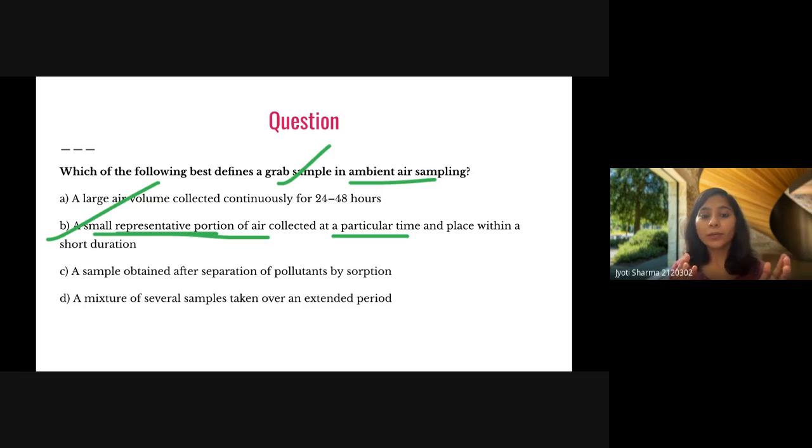So what we are doing is we are using different types of polythene, not the polythene that we use whenever we go to the market, but different types of polythene and polymer in which we can store this air. So this will be the very original air that we will have. Otherwise, whenever we are absorbing or adsorbing, we are changing the nature of the air, right? This is the advantage of grab sampling.